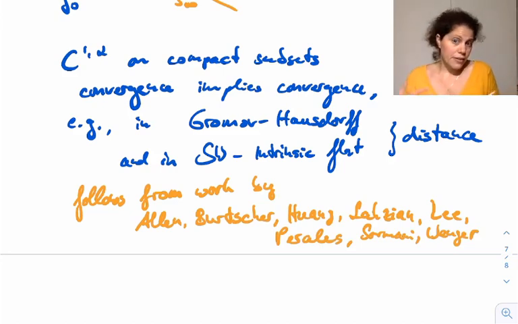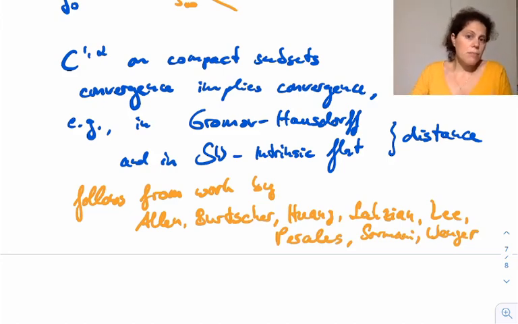Okay, so we have not only a C^{1,alpha} instability, but also, as a consequence, Gromov-Hausdorff and Sormani-Wenger intrinsic flat instability.